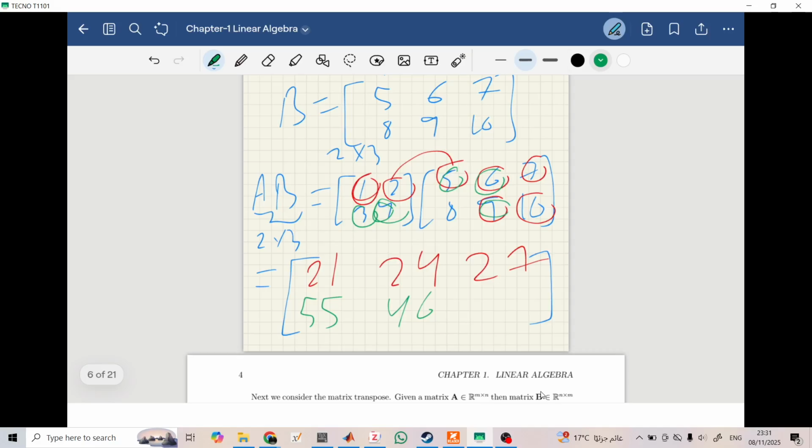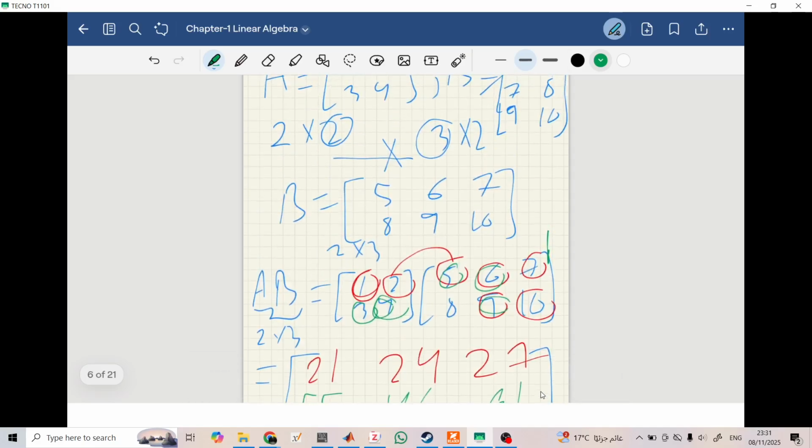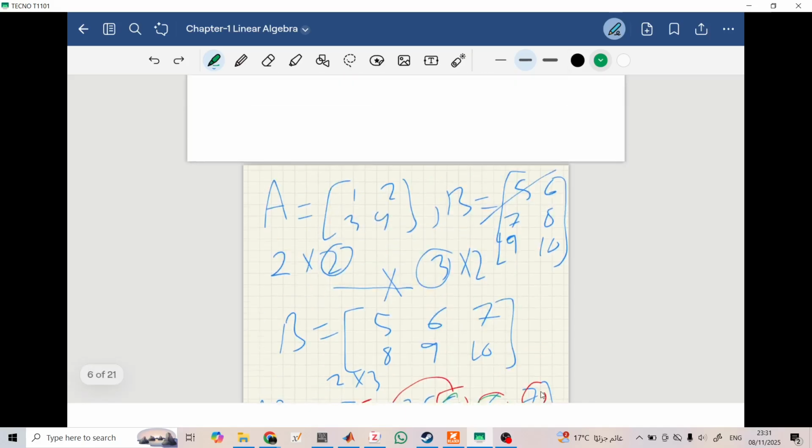Lastly, we have 3 times 7 plus 4 times 10, which is 61. So this is our matrix. This is our example.